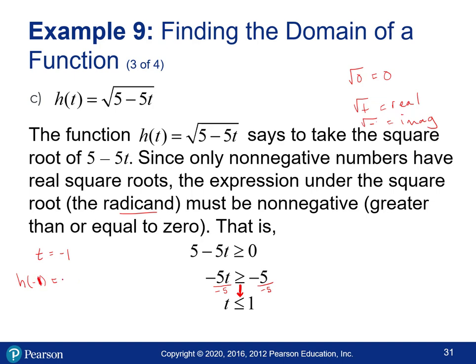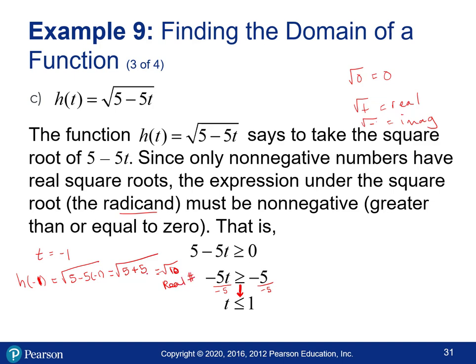That's the square root of 5 minus 5 times -1, and this is going to give me a real number answer. So this is going to be the square root of 5 plus 5, because a negative times a negative is positive, which is the square root of 10, which is 3 point something. You can use a calculator if you want, but it's real. This is a real number, which is what we want.